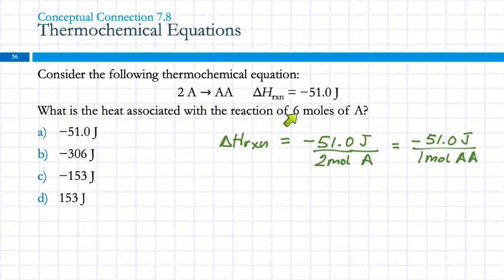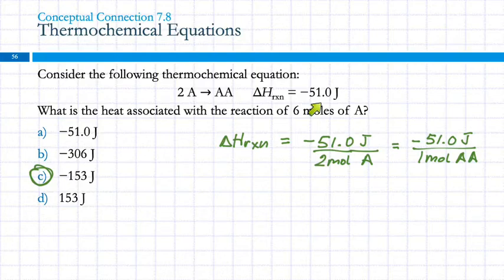So if I'm reacting 6 moles of A, well, this is 2 moles of A. 6 moles of A would be 3 times more, so it would be 3 times as much energy. Which of those looks like 3 times as much? C. We could do the calculation, but it's multiple choice, and we can eyeball it.